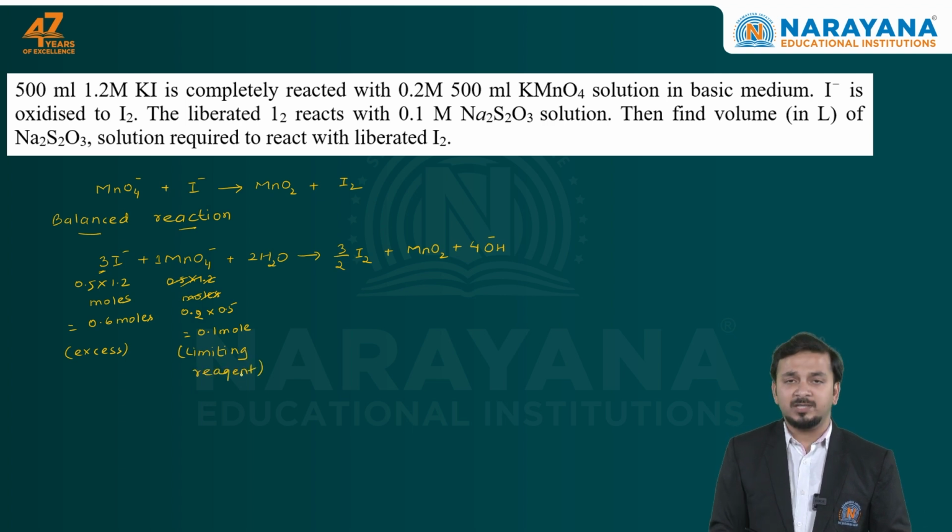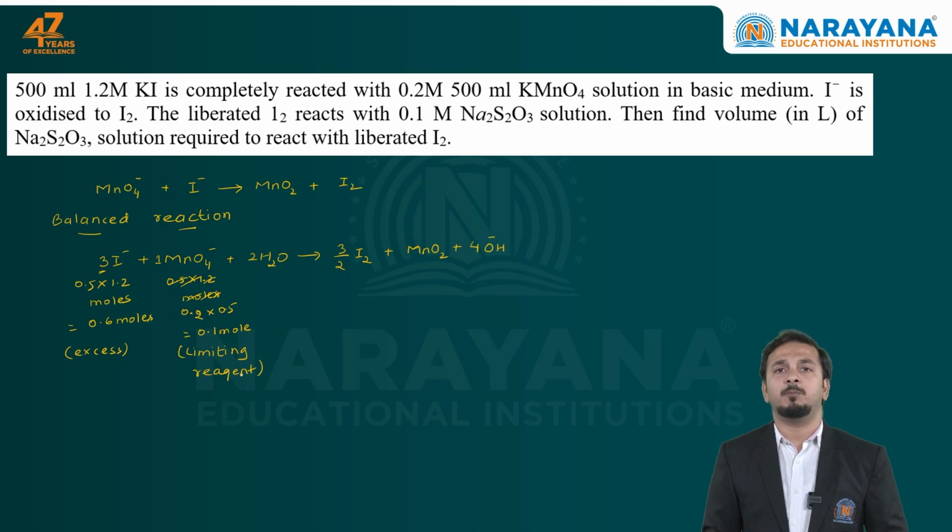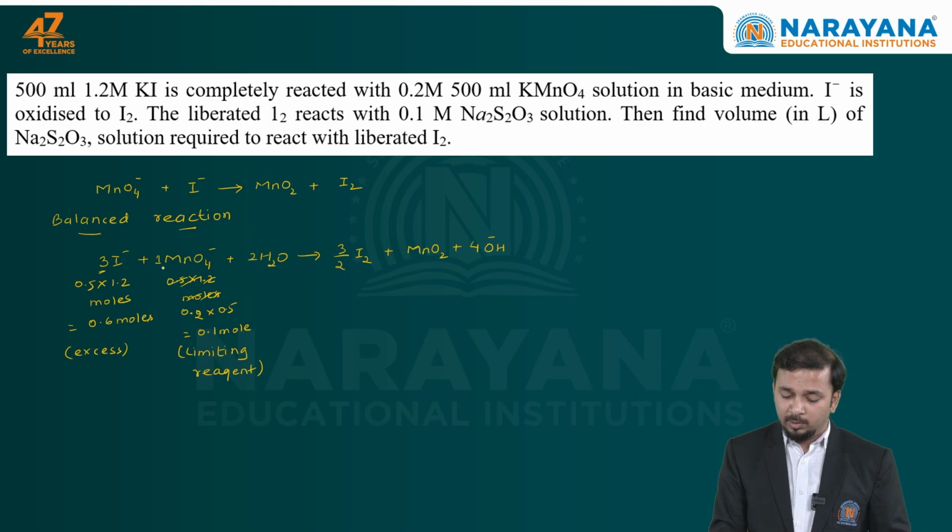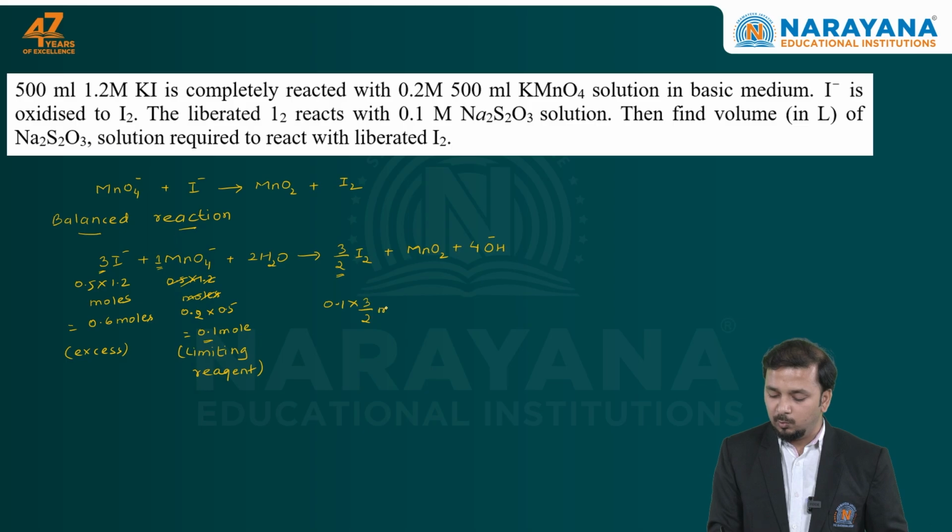Now, if this is the limiting reagent, from this information we can find the amount of I2 which will be produced. So 1 mole of MnO4 minus will produce 3 by 2 moles of I2. So 0.1 mole of MnO4 minus will produce 0.1 into 3 by 2 moles of I2. So this will be equal to 0.15 moles.